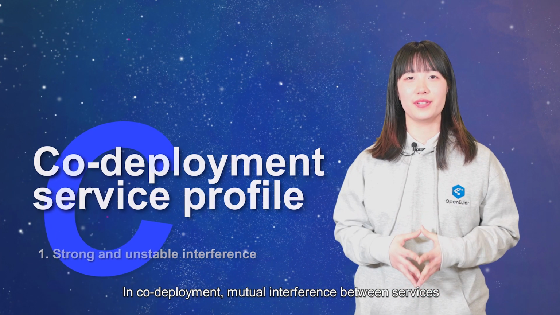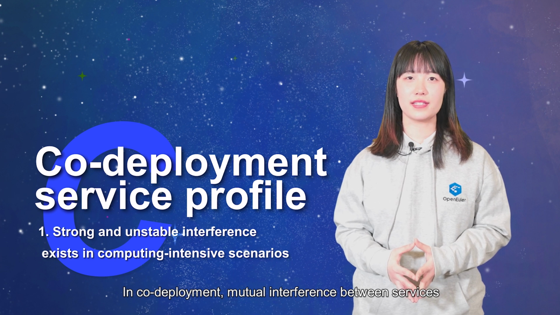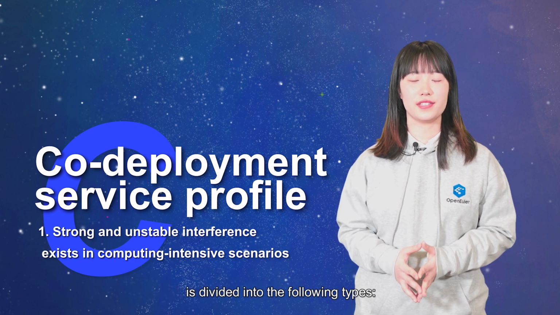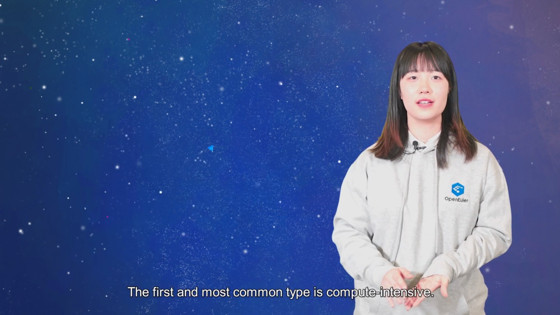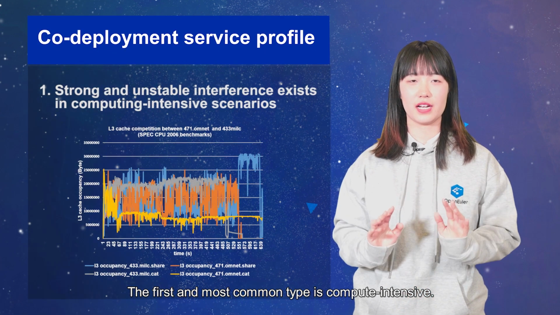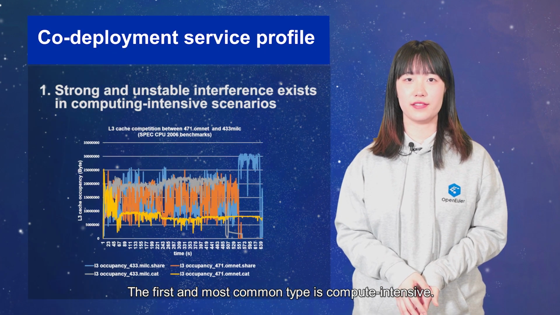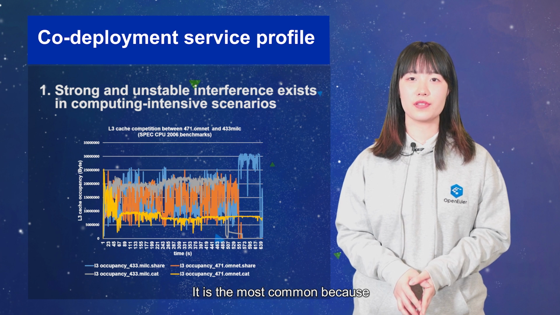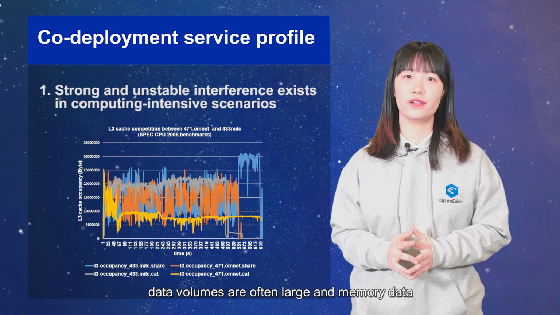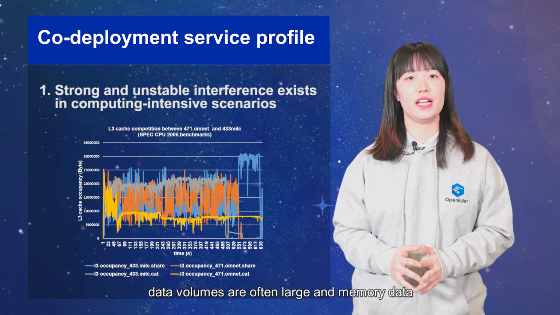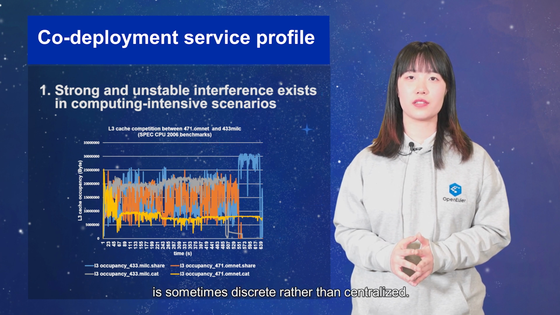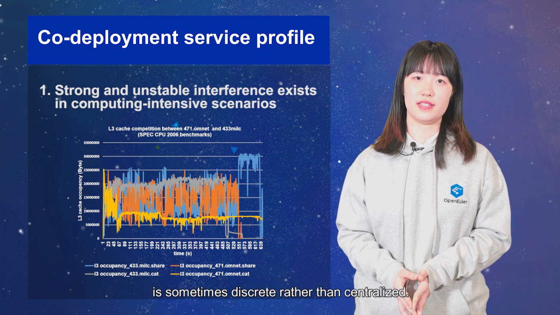In co-deployment, mutual interference between services is divided into the following types. The first and most common type is compute-intensive. It is the most common because data volumes are often large and memory data is sometimes discrete rather than centralized.